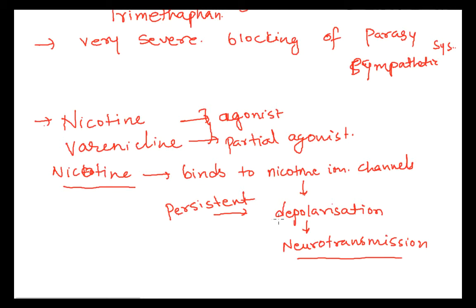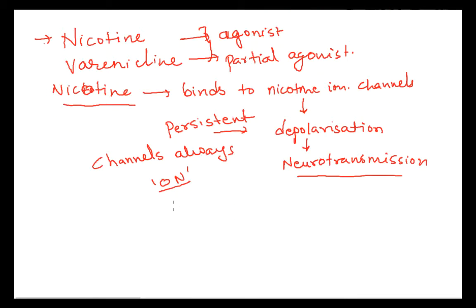So the channel always stays on, and if it's always on, it cannot repolarize, and thus its capacity to transmit decreases. It cannot further the neurotransmission.